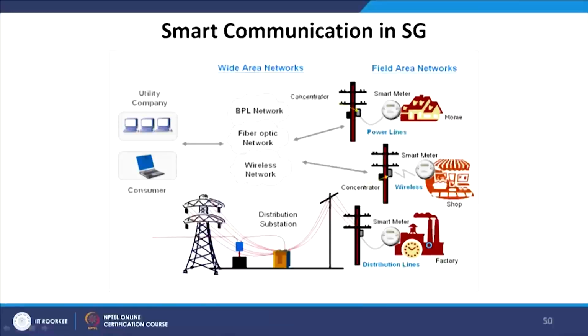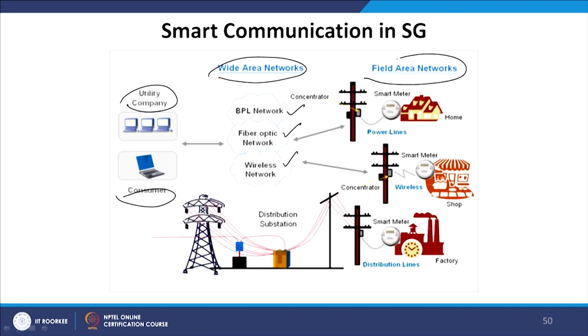Now, the smart communication in a smart grid, let us see. This is the utility company and the consumers through wide area networks. It could be BPL, could be fiber optic, could be wireless network, and then we do have the field area networks for my smart meters, and the smart meters can be installed in my power lines.